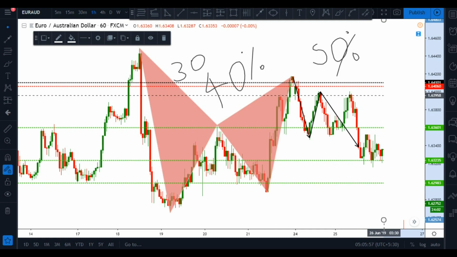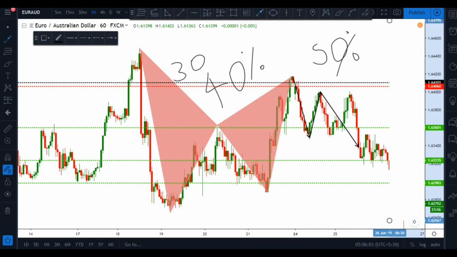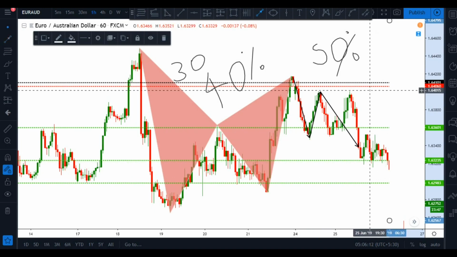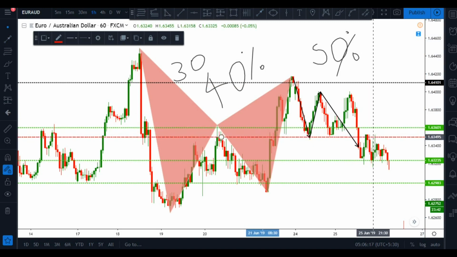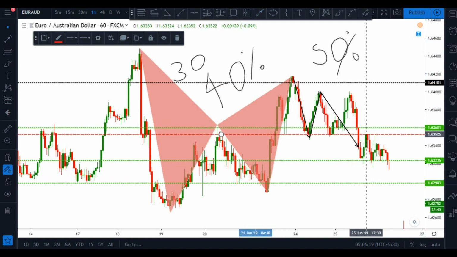So it's ranging at that point. As you can see guys, at this point market broke and closed below this structure low. So what I will do is again move my stop loss above this previous structure high.